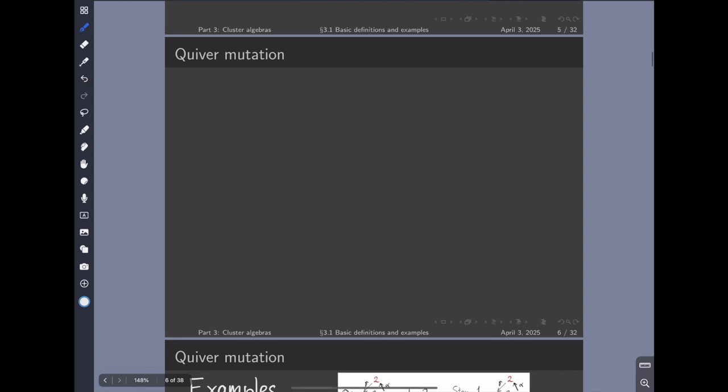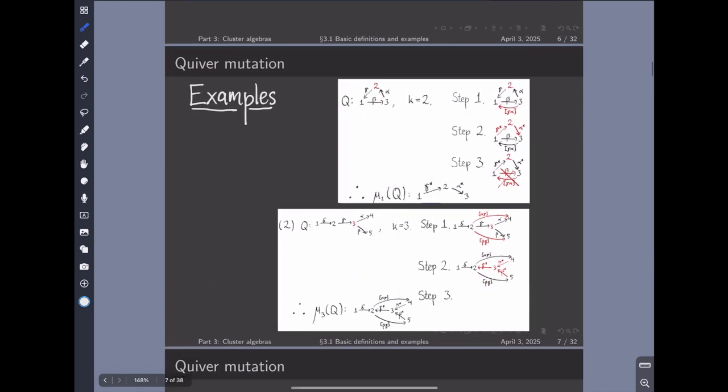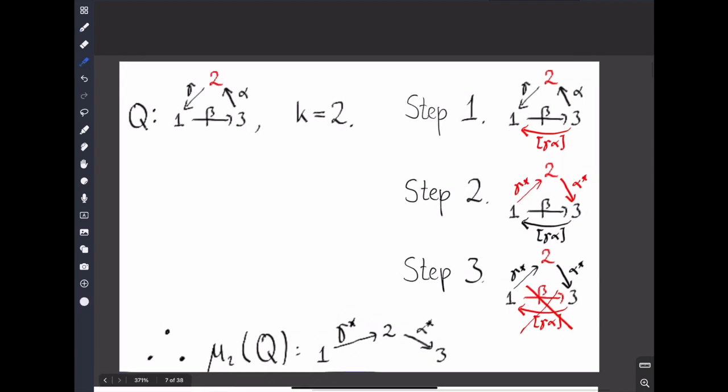Okay. So examples. Here you have one very simple example. Here I have this quiver. I don't have any frozen vertices, so all the 3 vertices are mutable, and then I say mutate with respect to 2. First step, look at incoming and outgoing arrows, and for each such pair introduce a composite arrow.